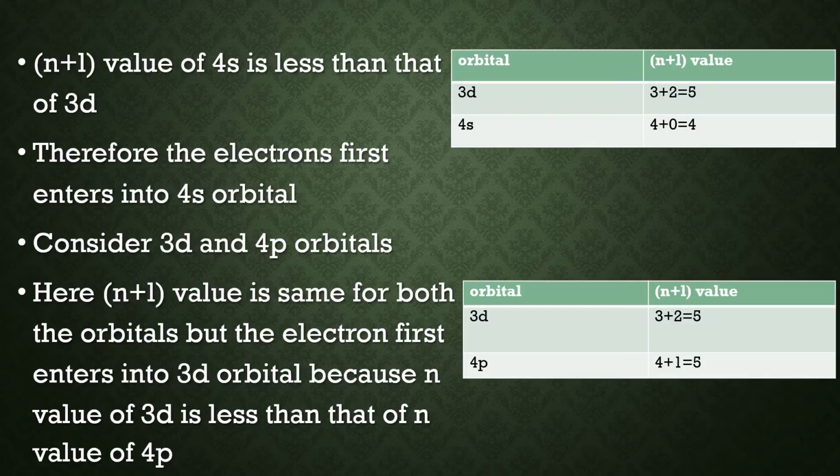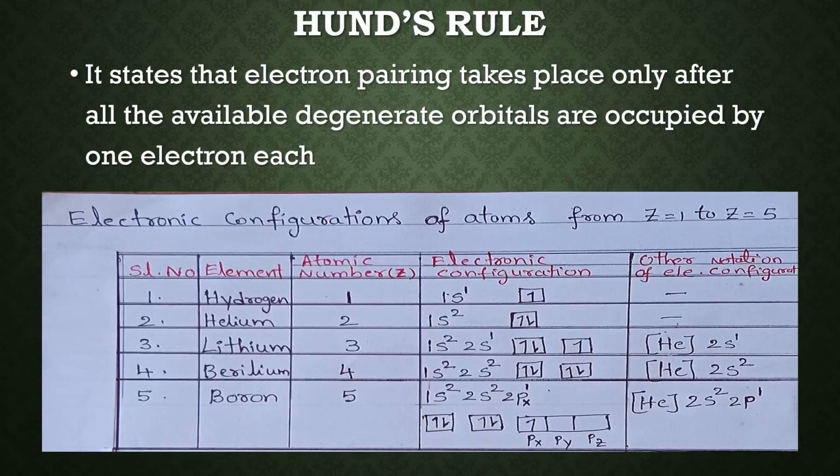But the electron first enters into 3d orbital because the N value of 3d is less than the N value of 4p. What is the above principle? Electrons enter into the orbitals in the increasing order of their energies.